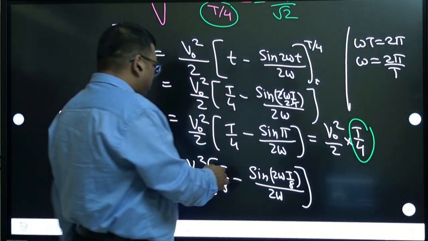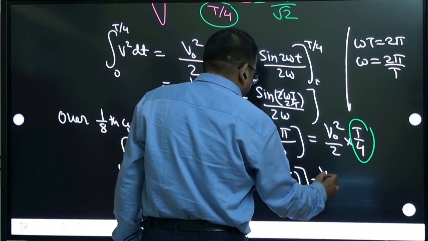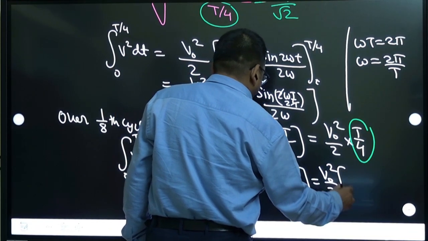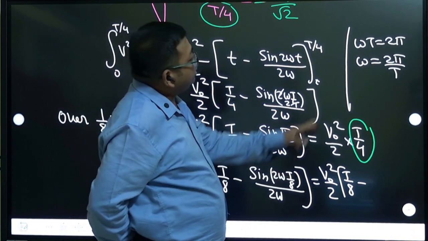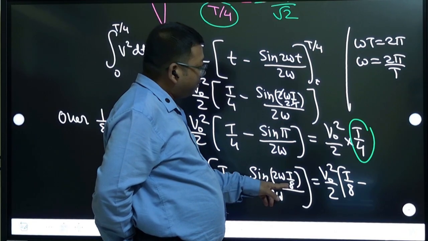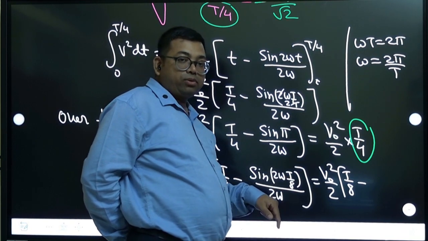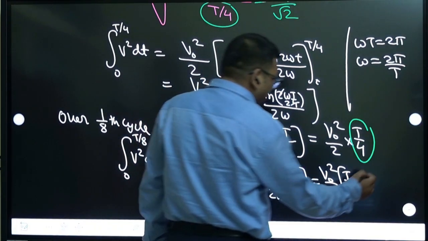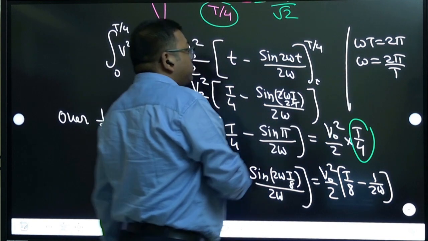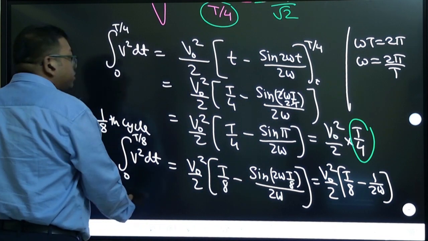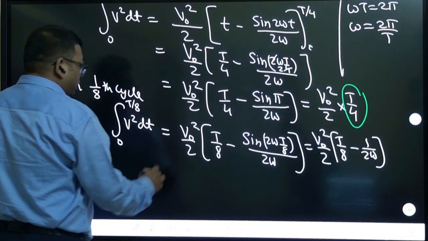Now, you see here, this is V naught squared by 2 and this is t by 8 minus. Now, omega t is 2 pi, so this is 4 pi by 8, that means pi by 2. Sine 90 degree will become 1. 1 by 2 pi you get, right? Now omega you substitute.